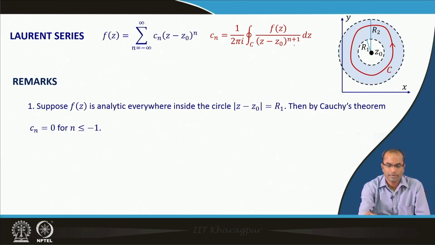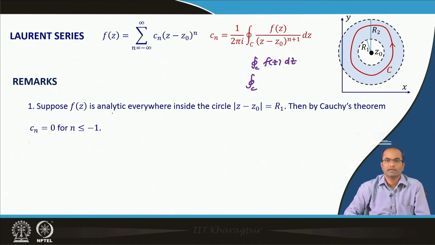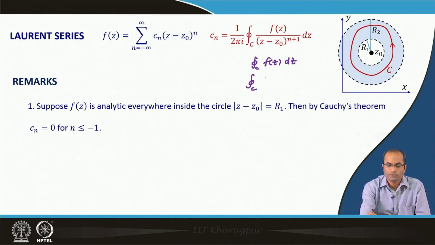So, in case n is minus 1, the integral will be f z dz, and when the power is less than minus 1, that is minus 2 or minus 3, we will have z minus z 0 to some positive power m times f z dz.